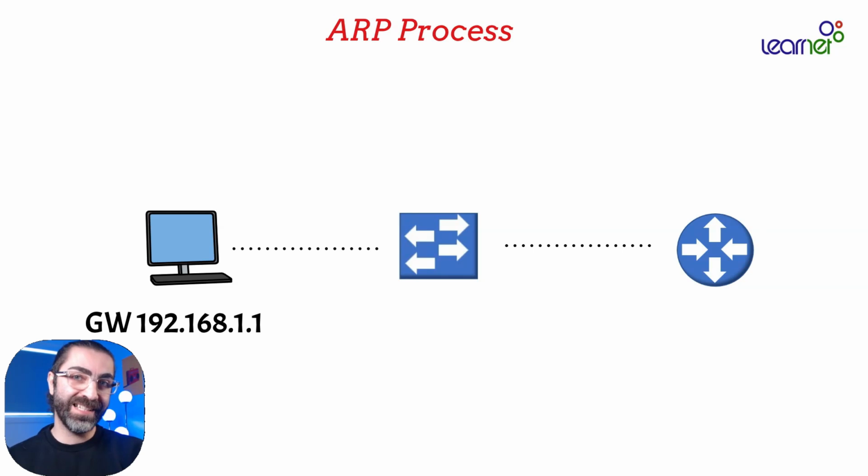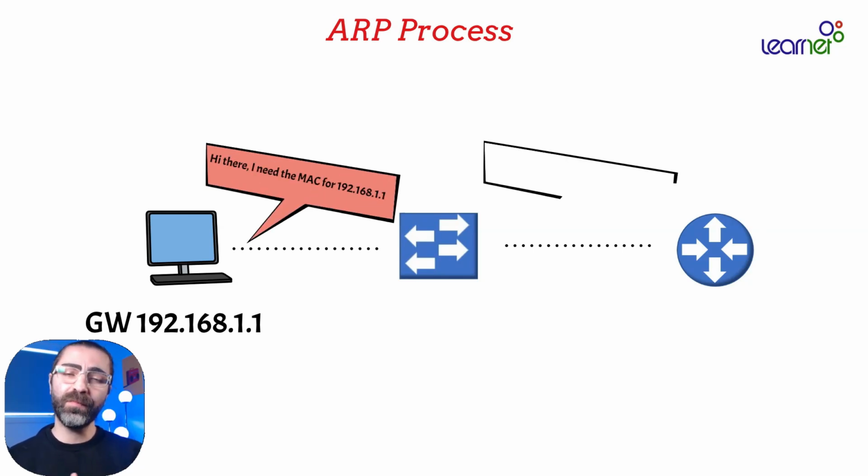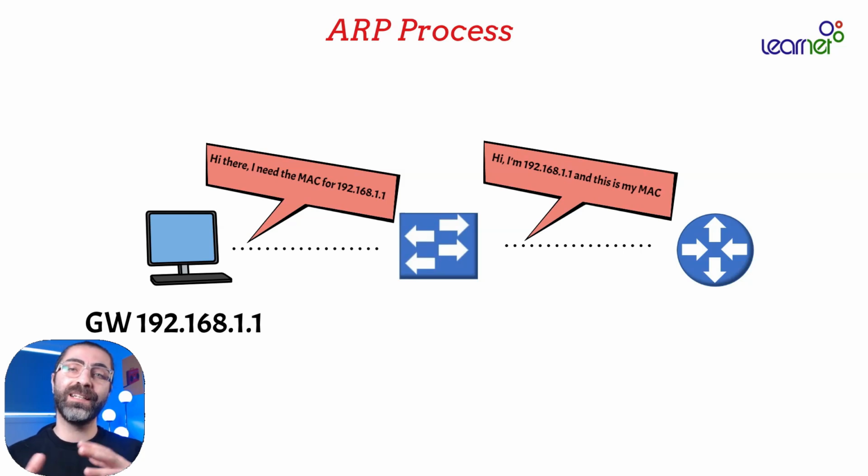But the destination that has the 192.168.1.1 address will respond through an ARP reply and say, hey, I'm 192.168.1.1 and here is my MAC address. So the ARP process lets the source know that this is the destination MAC address for that IP address. The source will then put the destination MAC address in the field and send the traffic to the switch, and the switch will send it to the destination.